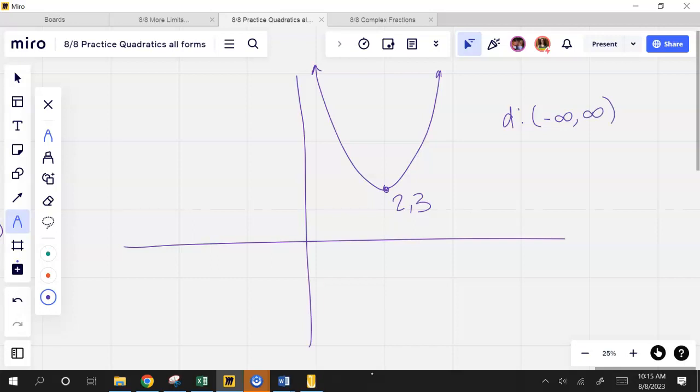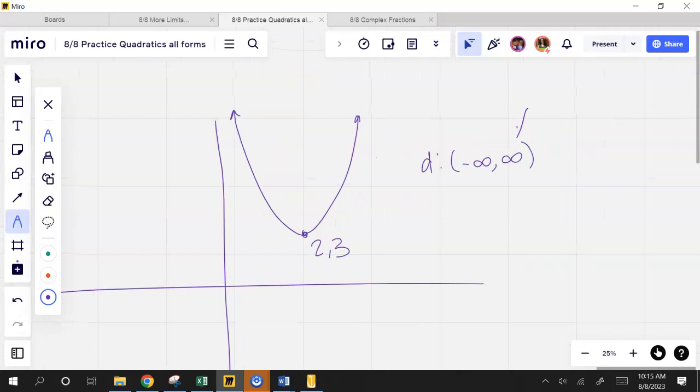Every quadratic, and listen carefully, every quadratic has a domain of negative infinity to infinity, because you could keep going to the right as far as you can, and there'll always be a piece of graph.